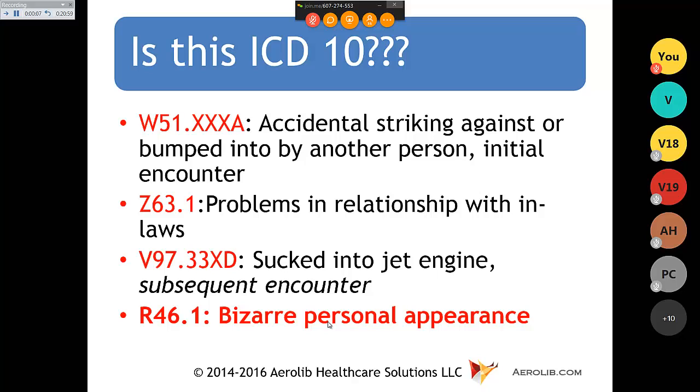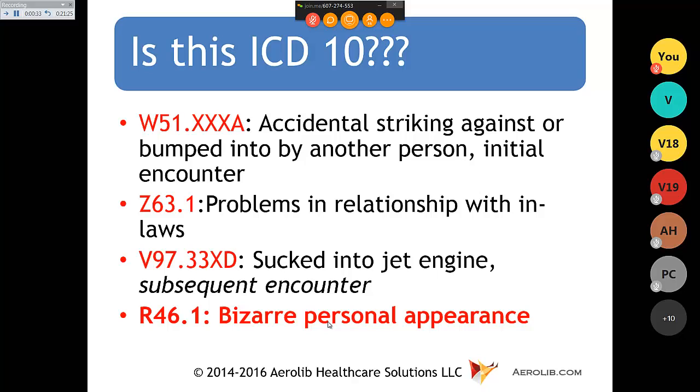Now, I pause at this slide, and this is the first time we're introducing this. I know a lot of people have asked us in our previous presentations, is ICD-10 really important? And I tell them ICD-10 does have these diagnoses also. If you look at the top one, there's accidental striking against or bumped into by another person, initial encounter. There's problems in relationship with in-laws, sucked into a jet engine, subsequent encounter.